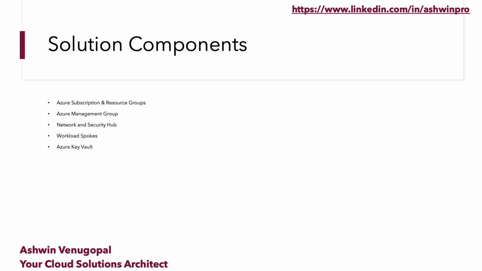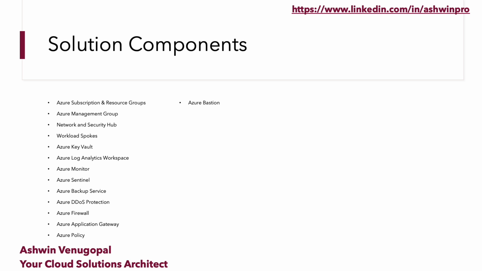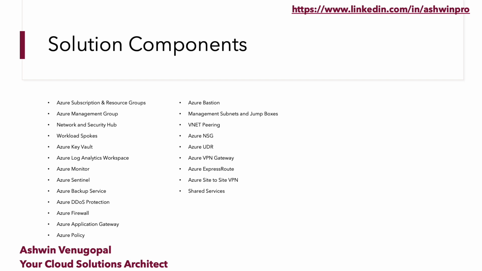We have Azure Key Vault, the Azure Log Analytics Workspace, Azure Monitor, Sentinel, Backup Service, DDoS Protection, the Firewall, Application Gateway, Azure Policy, then Azure Bastion, the management subnets and jump box that we have used, then the VNet peering, the network security groups, the user-defined routes, VPN gateway, ExpressRoute, the site-to-site VPN, and shared services like the antivirus and things like that.